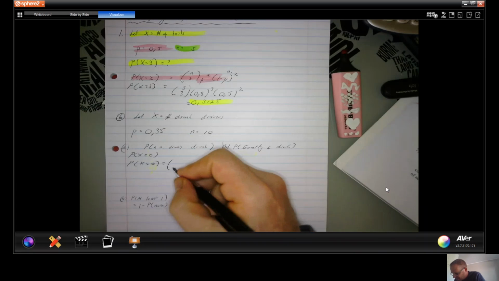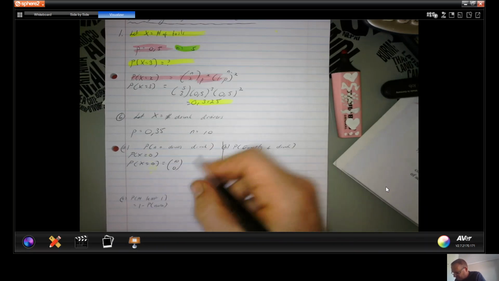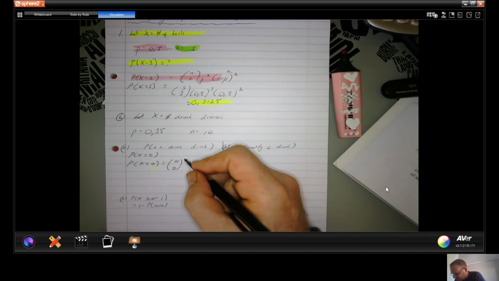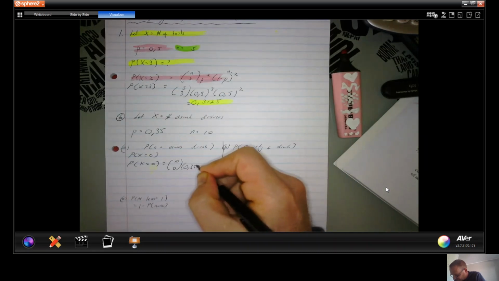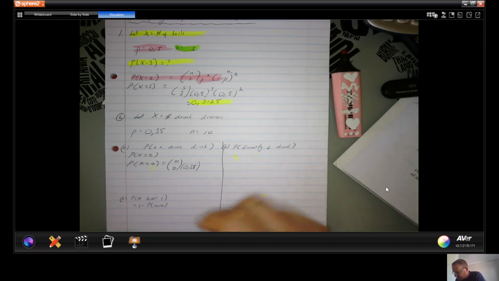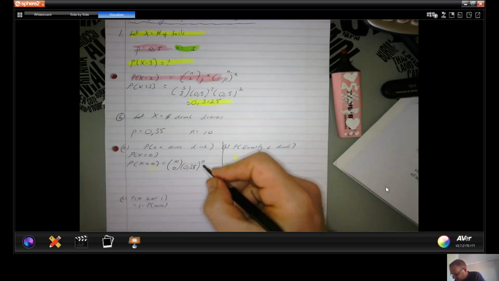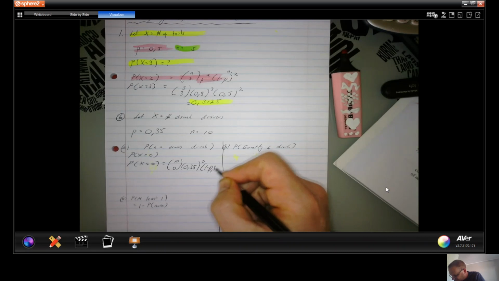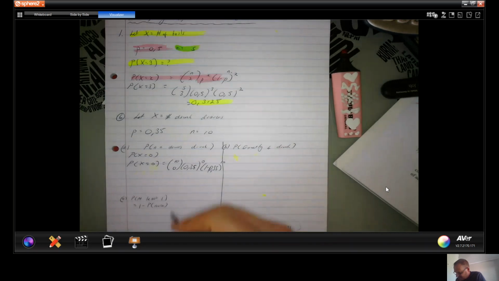to be equal to, I want none from 10. Probability of being drunk is 0.35, so P is 0.35, to the X, which is 0. Okay. 1 minus P, which is 1 minus 0.35, to the N minus X, which is going to be to the 10.